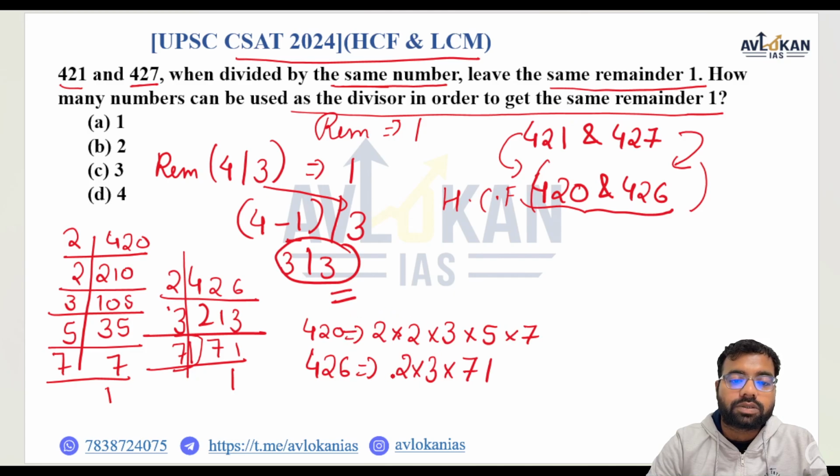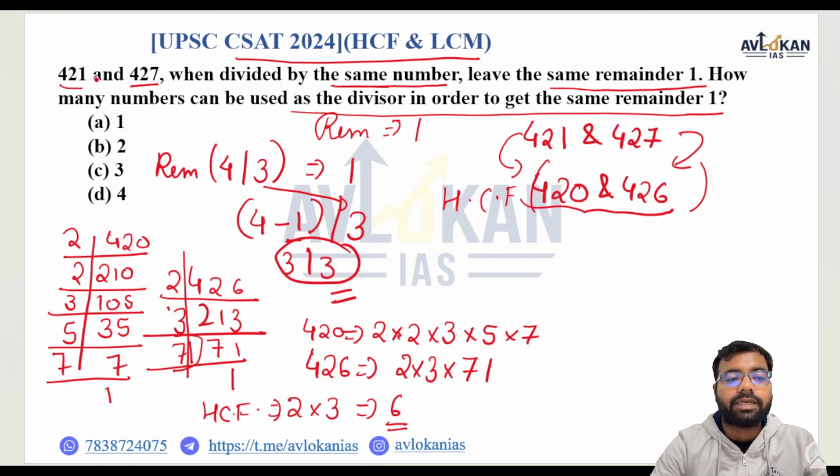Now among these two, the common factors are 2 into 3, and that is my HCF, the highest common factor, and this is going to be 6. That means when the divisor is 6, they will leave the remainder 1. But there's one more thing: how many numbers can be used as a divisor?